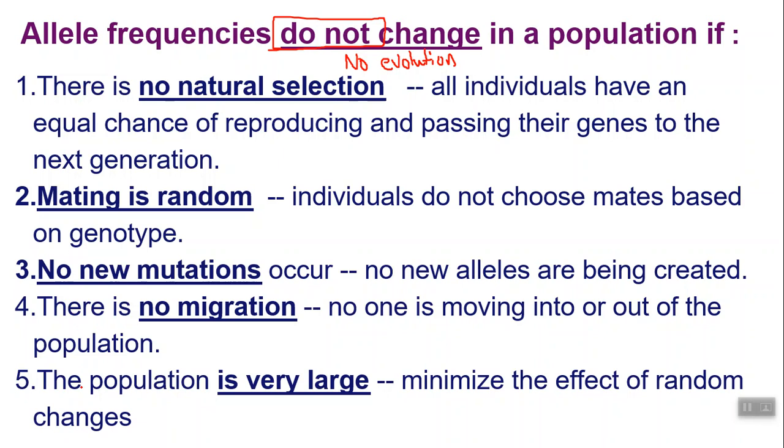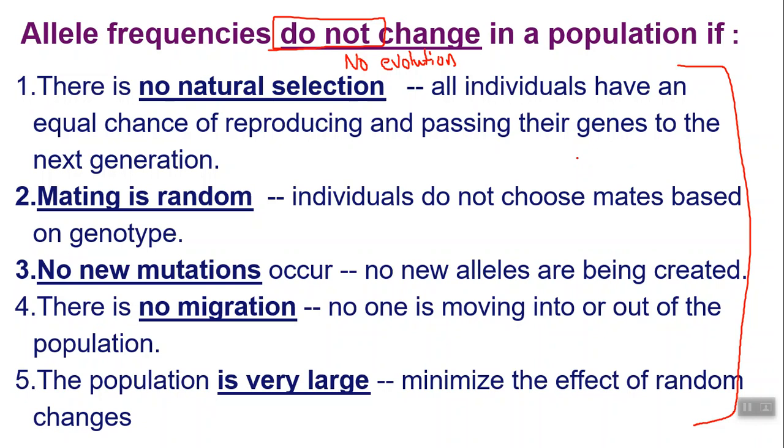But that actually is useful for us because depending on how much of this is not true, depending on how much natural selection or non-random mating or et cetera there is, lets us compare it to a baseline. So basically, this is a baseline. These 5 criteria establish a baseline.